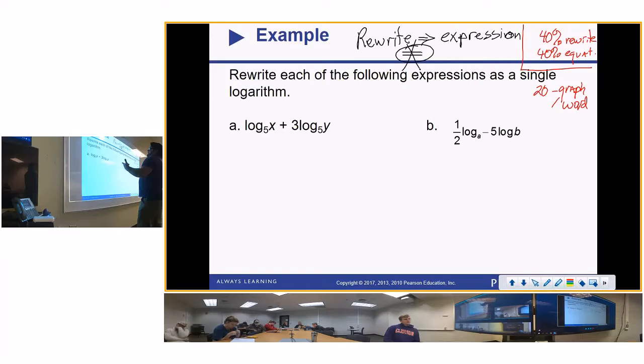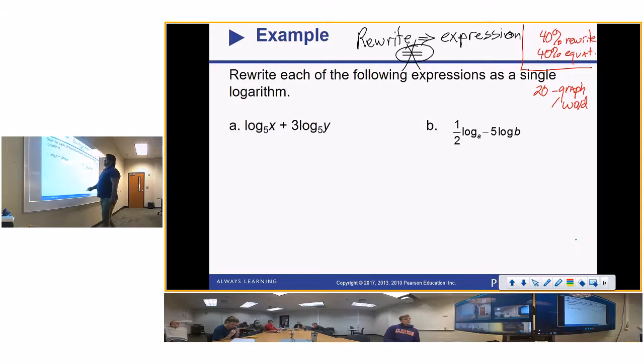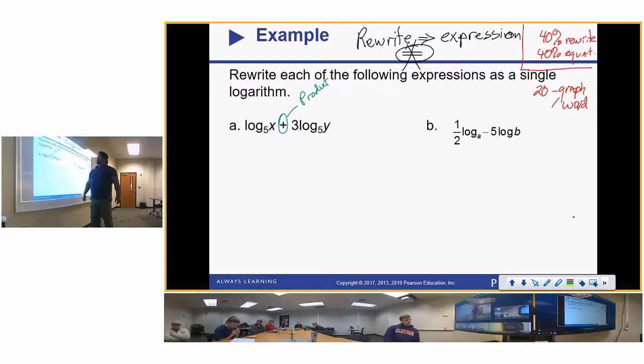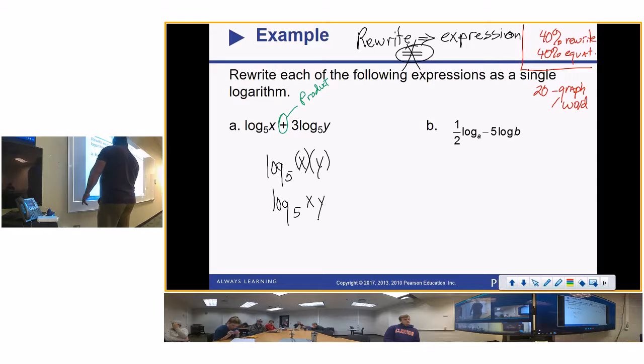This is what a rewrite is going to look like on your test. So the first thing you notice here is a what? Plus sign. So you know product rule. So you look at the product rule and you say, okay, well, I'm simplifying because it's already in expanded form. So I'm going to rewrite it as a simplified form. And that's going to be log base 5 of x times what? Y. And you can write it with parentheses. You can write it just side by side. You can write it with a star. I don't care.